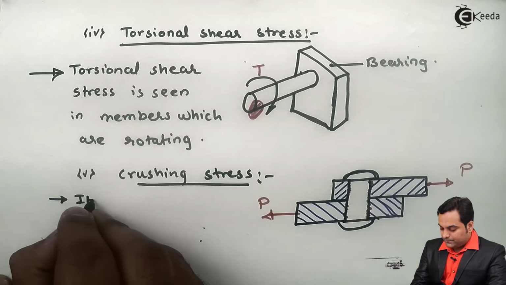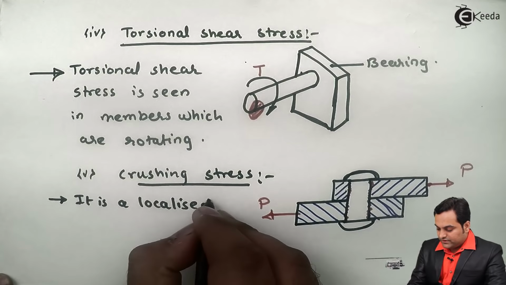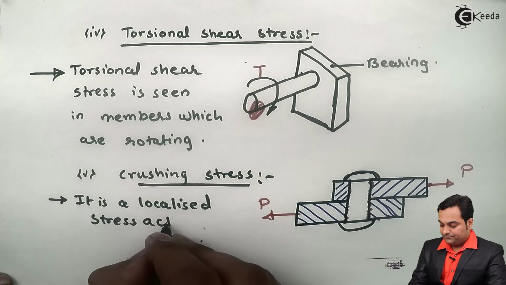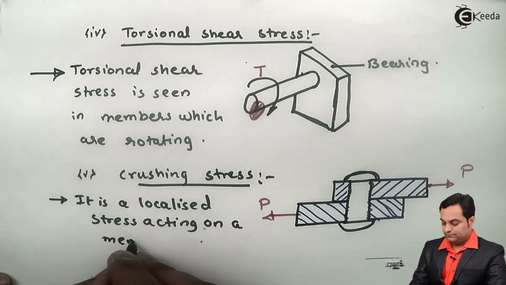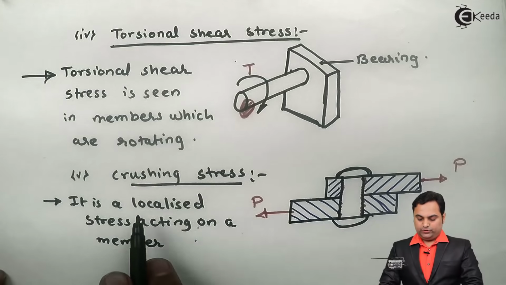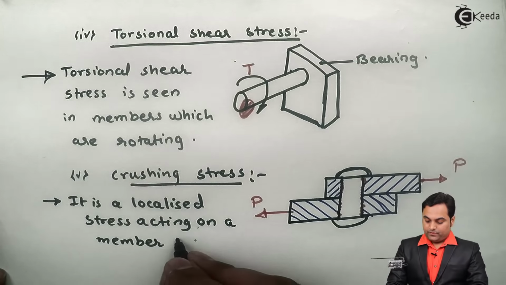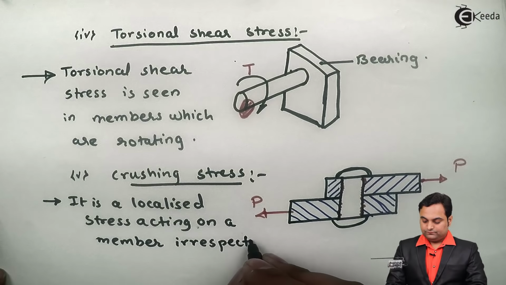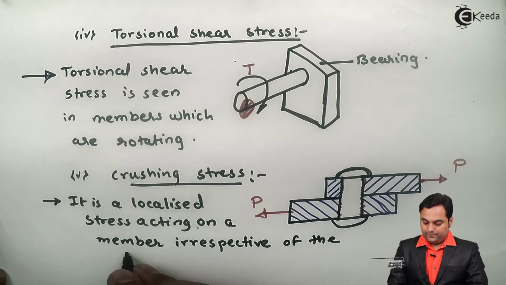So first of all, crushing stress is a localized stress acting on a member irrespective of the type of loading.